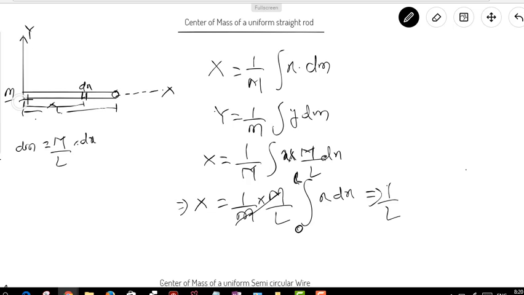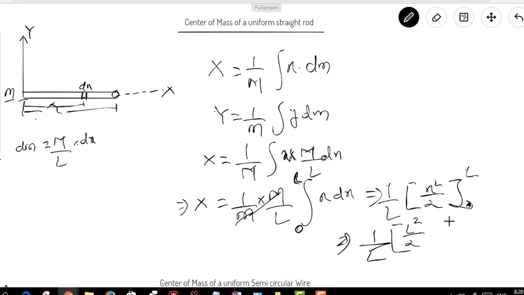So 0 will be here and L will be here. Once we do that, first we'll do integration of x dx. It will become x square by 2, and then we'll apply the limit. So it will become 1 by L into L square by 2 minus 0. So the answer will be L by 2.